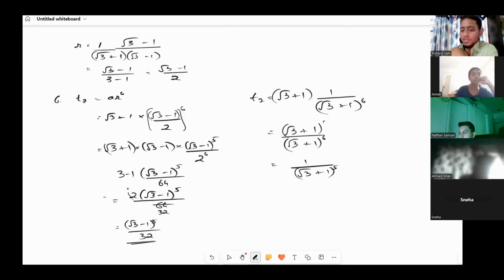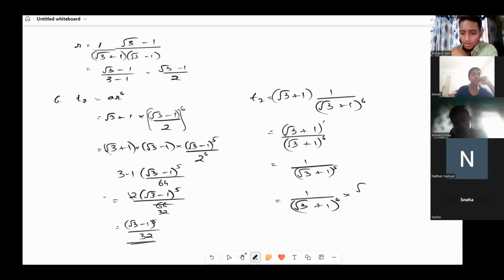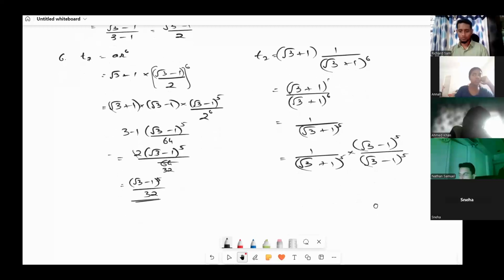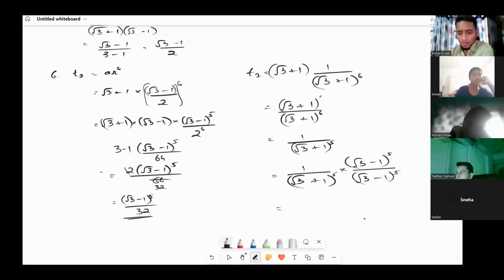When we take it to the denominator, the minus 5 changes to plus 5, so it will be raised to 5.